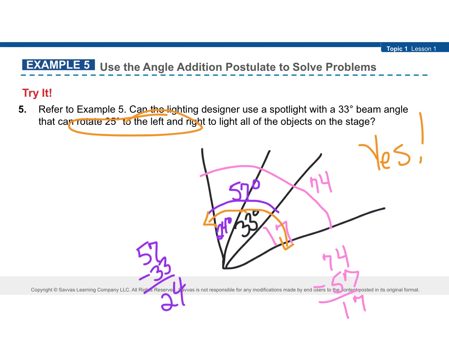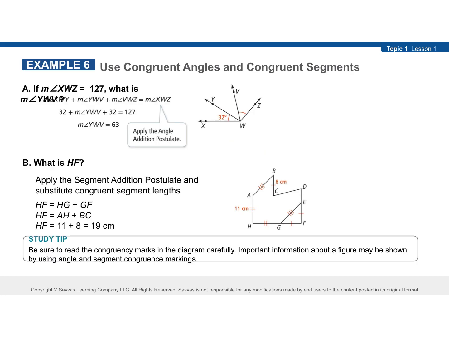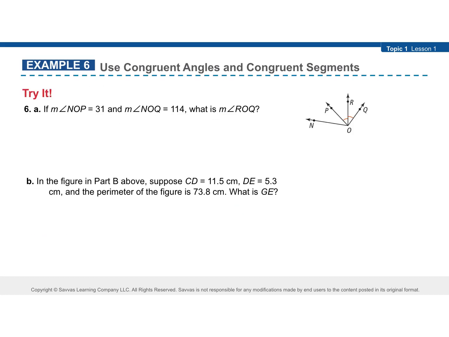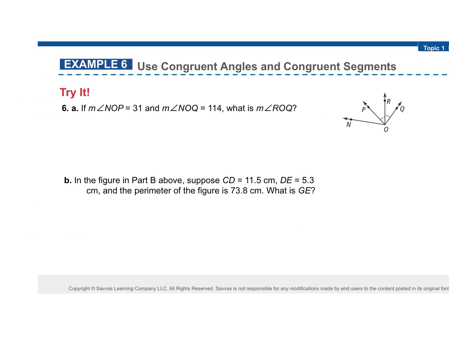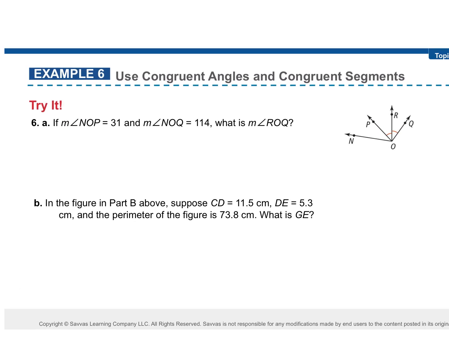The other thing that I wanted to do in class with you is this slide. Okay, so if NOP, that's this angle right here, is 31 degrees, and NOQ, whoops, let me write this a little different.